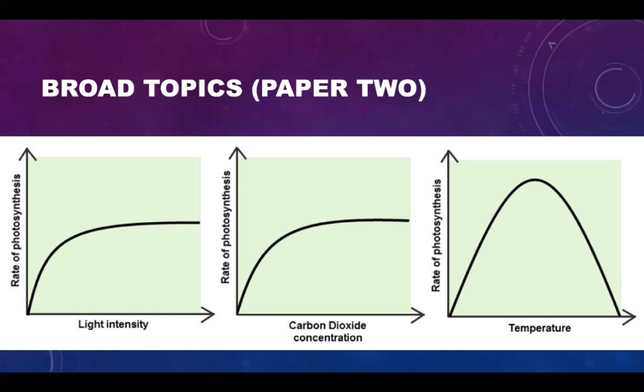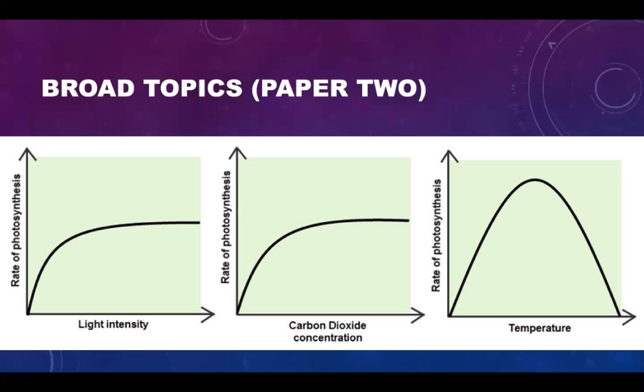Similarly, as you increase the carbon dioxide concentration, that's going to increase the rate of photosynthesis. The carbon dioxide and the light intensity graphs are similar, but for the temperature graph, you're going to know what temperature is talking about. It looks like a bell where you have an increase in photosynthesis rate as you increase the temperature, but it's going to stop at the optimum temperature and decrease until it stops.